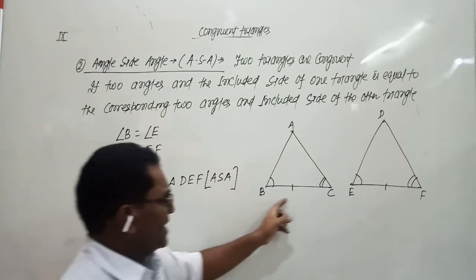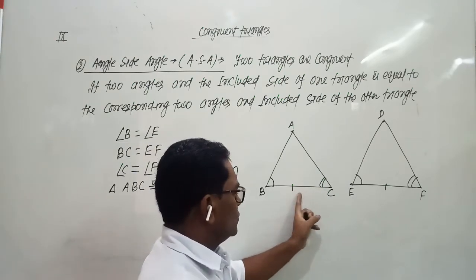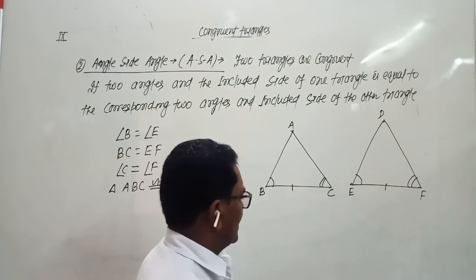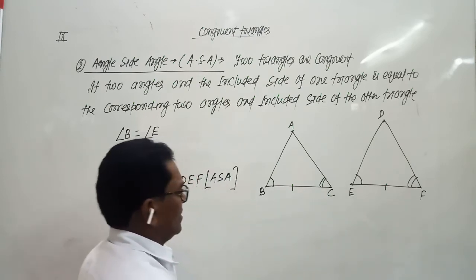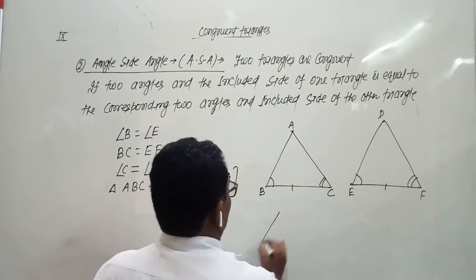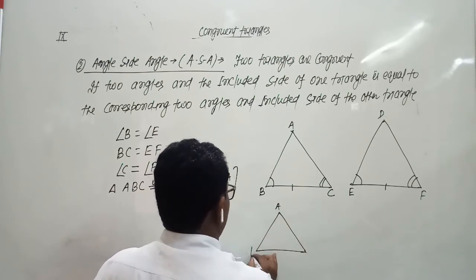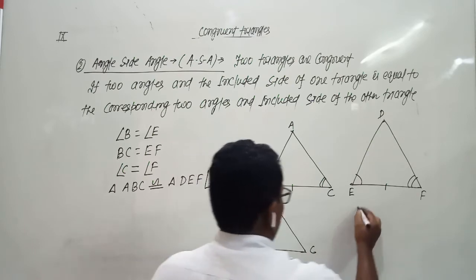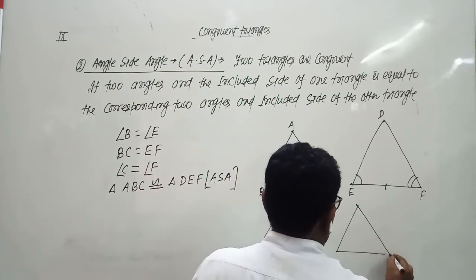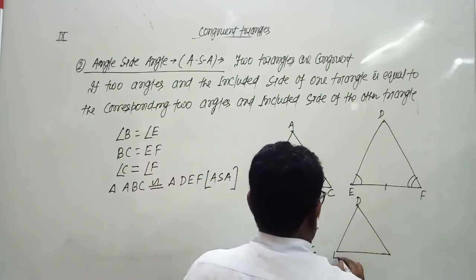If two angles and the included side of both the triangles are equal, it may be possible that there is triangle ABC and another triangle DEF.